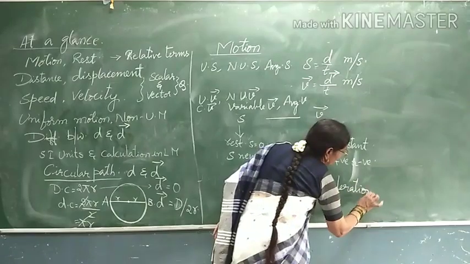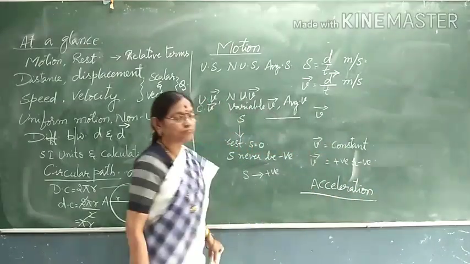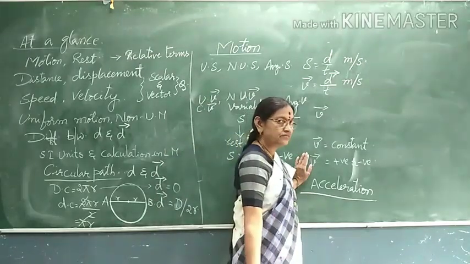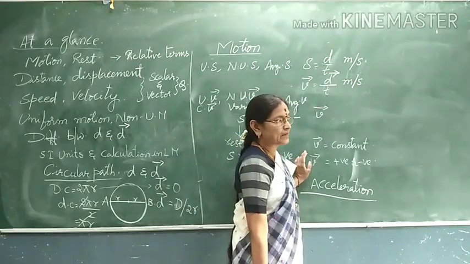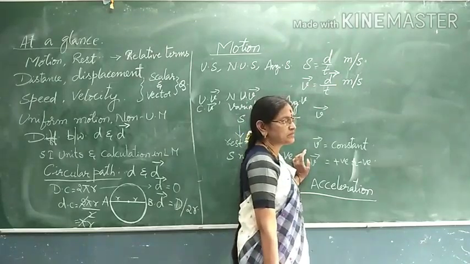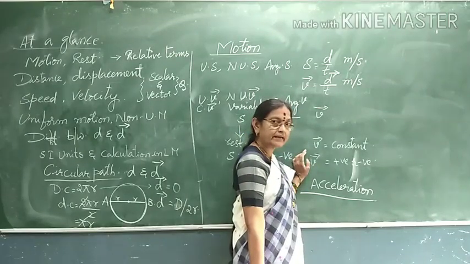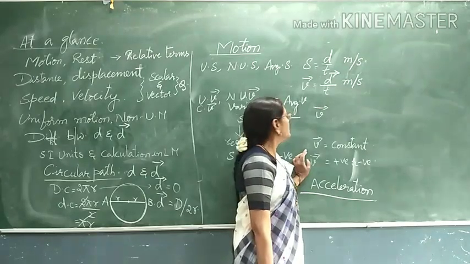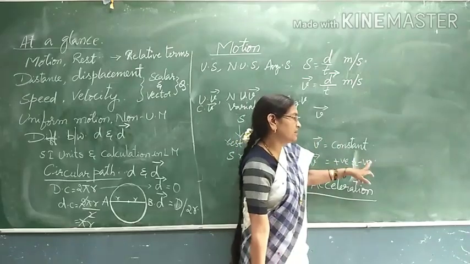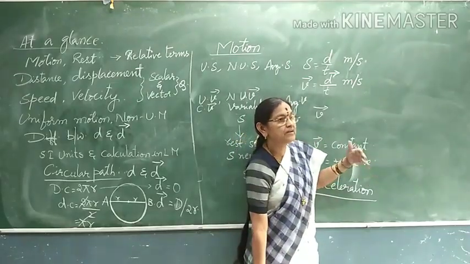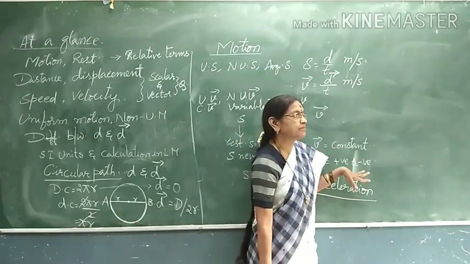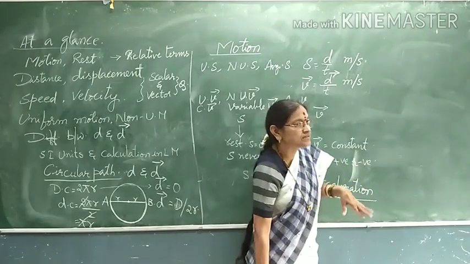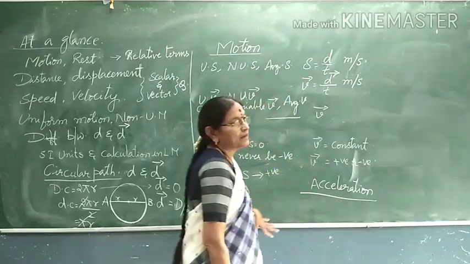What do you call it? Acceleration. So when the train is arriving at the station, what happens to its velocity? Its speed will decrease in a particular direction towards the station, so its velocity will be decreasing. Whenever velocity is decreasing, the acceleration will become negative.